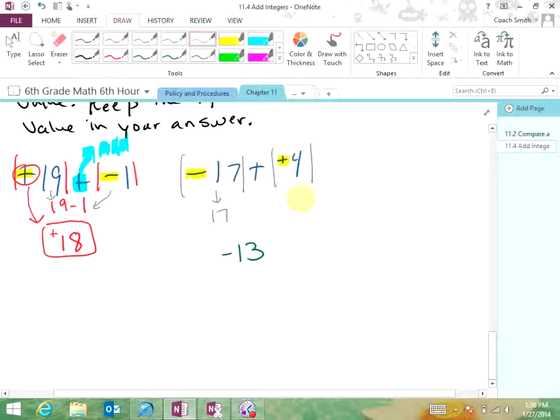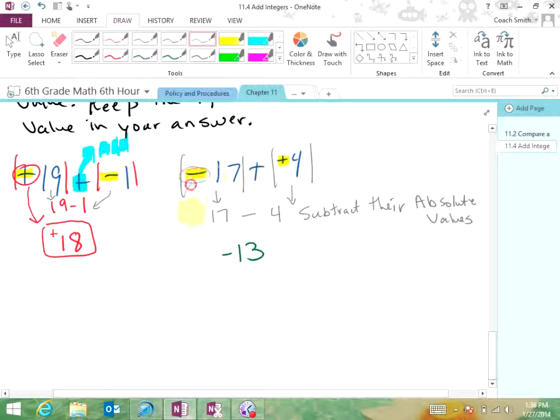The absolute value of positive 4 is 4, and we subtract their absolute values. 17 minus 4 is 13.